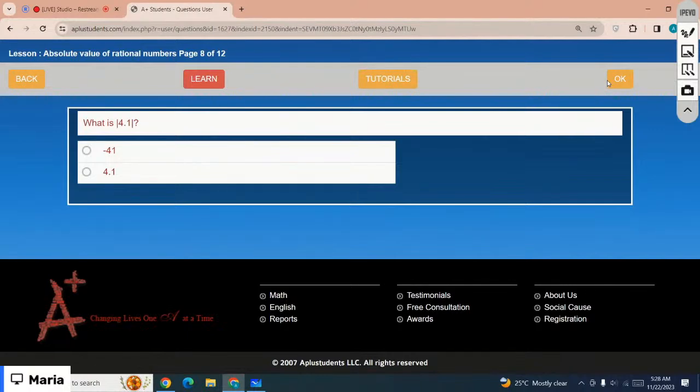What is the absolute value of 4.1? The correct option is 4.1, always a positive value.